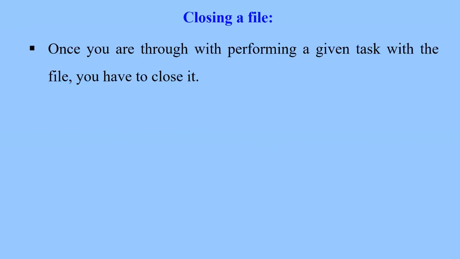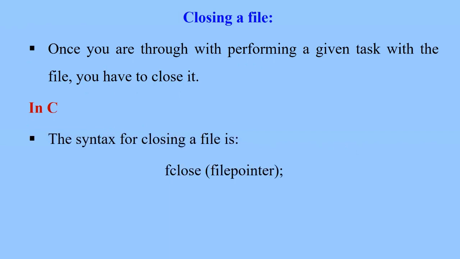So let's now look at closing a file. Once you are through with performing a given task with a file, you have to close it. In C, the syntax for closing a file is fclose, file pointer. For example, fclose stud ptr.